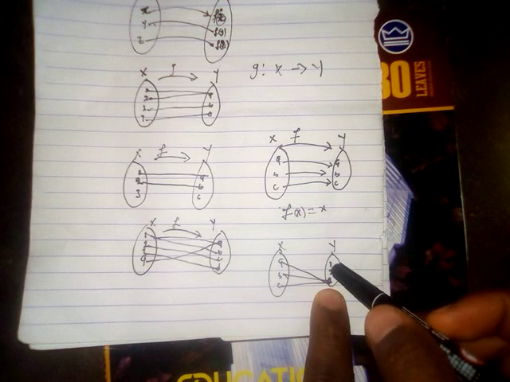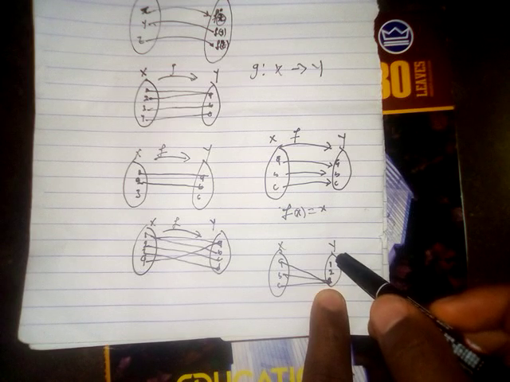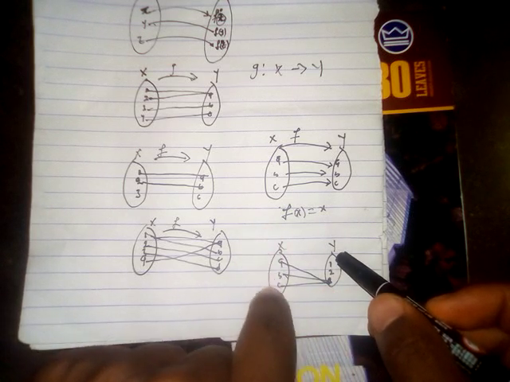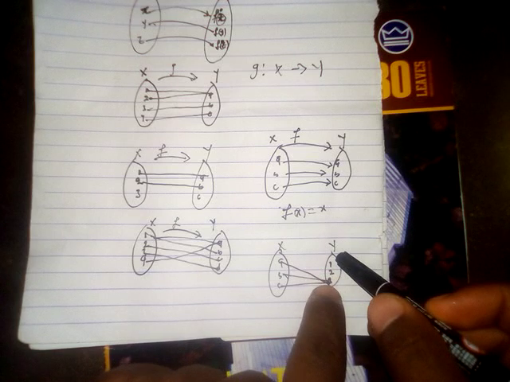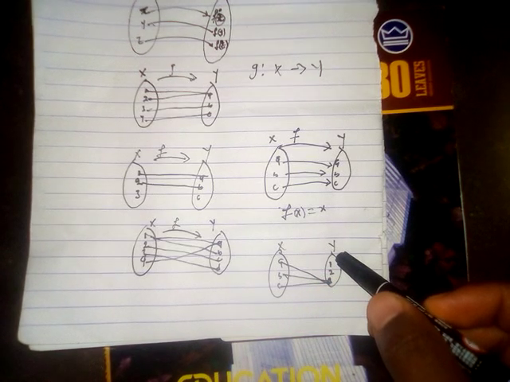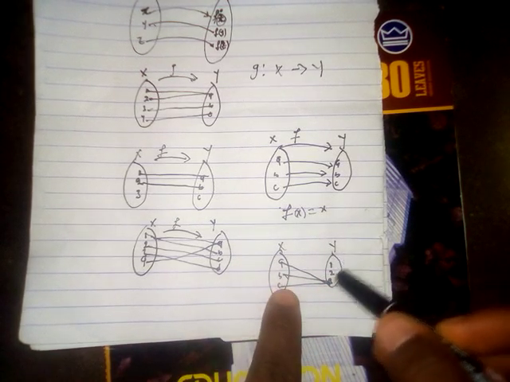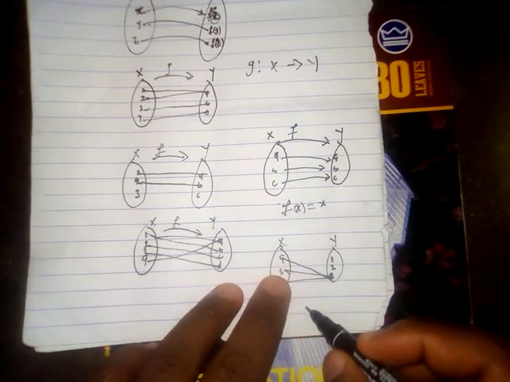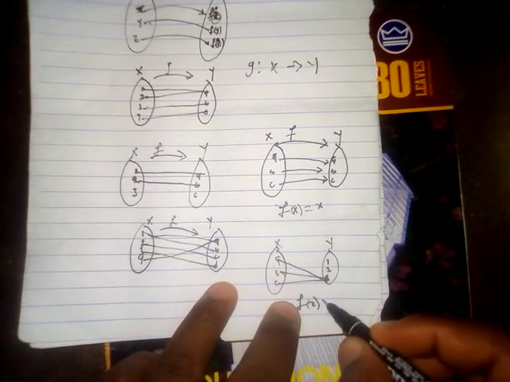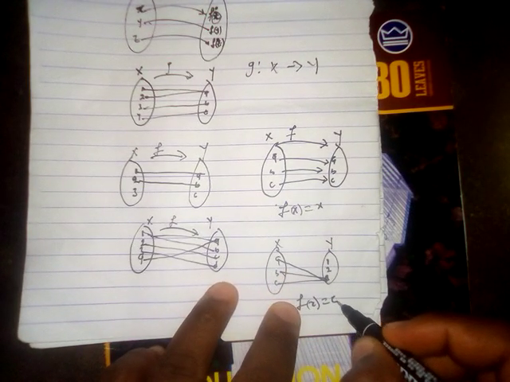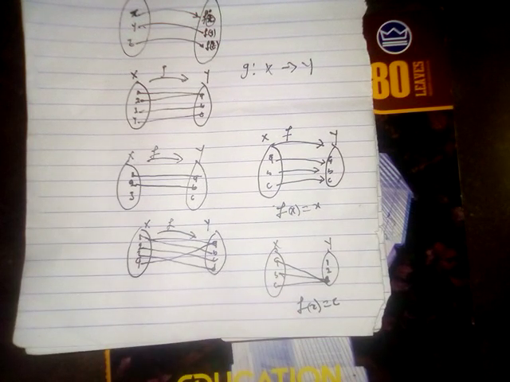Observe that I did not assign any element to the other two. So far as every element here is being assigned to a unique element in the codomain, it is a function. Now this is also called a constant function, which is denoted as f of x is equal to C.